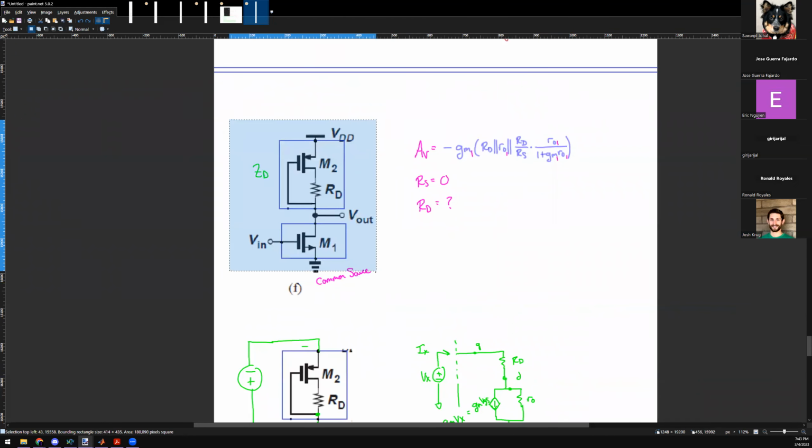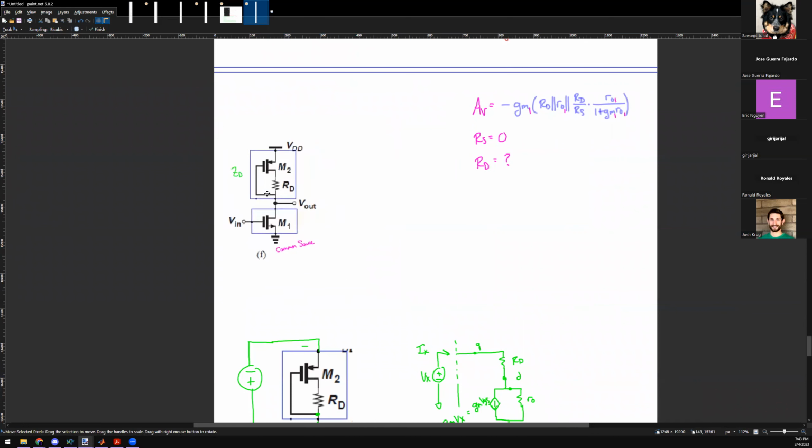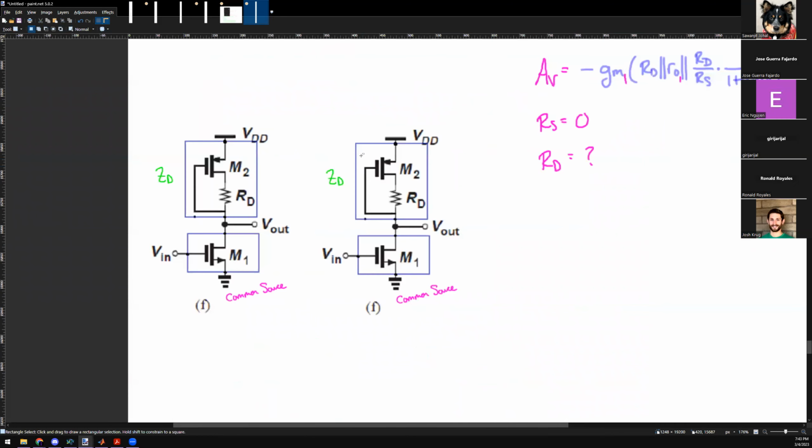Okay, so then I can redraw this guy by just deleting this.